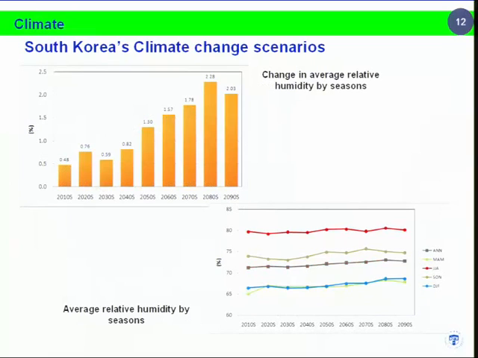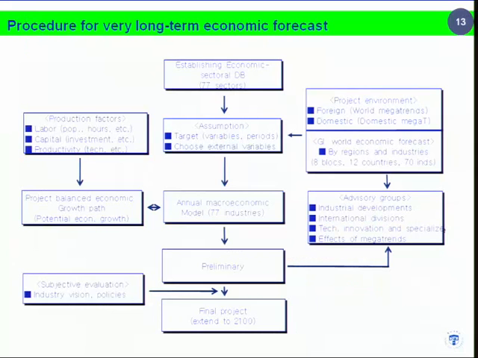And then I'm going to move a little bit past this one. Finally, in climate, because of increasing temperature, relative humidity will increase too in the future. Maybe 2 to 2.5%, 2 to 2.3% in the future.